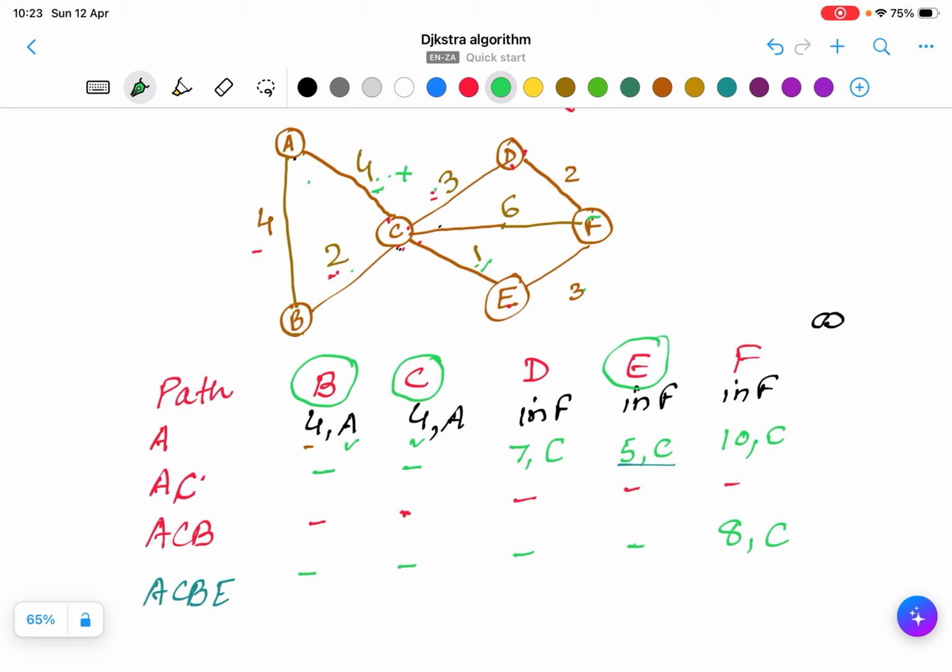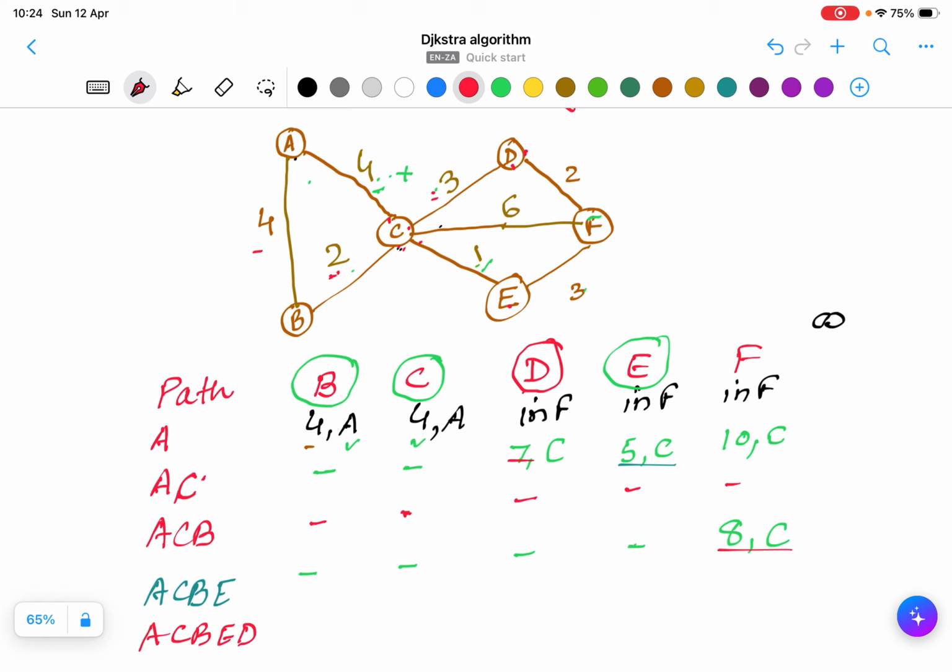Now which one out of these nodes has the minimum cost? Sorry, only two are left, D and F. This cost is 7 and this cost is 8. So we will use 7 comma C, which means we will use this node, which is D, so then it will be B, E, D. We will use it for the purpose of route discovery now.